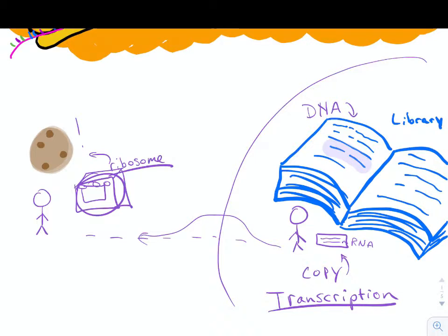And the actual making of this product from a little recipe is called translation. This is where we're converting the genetic code into a physical, tangible object.